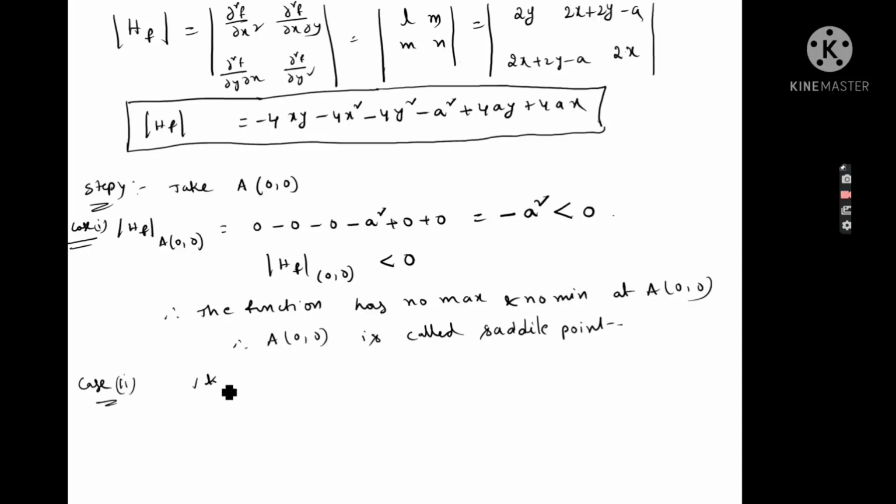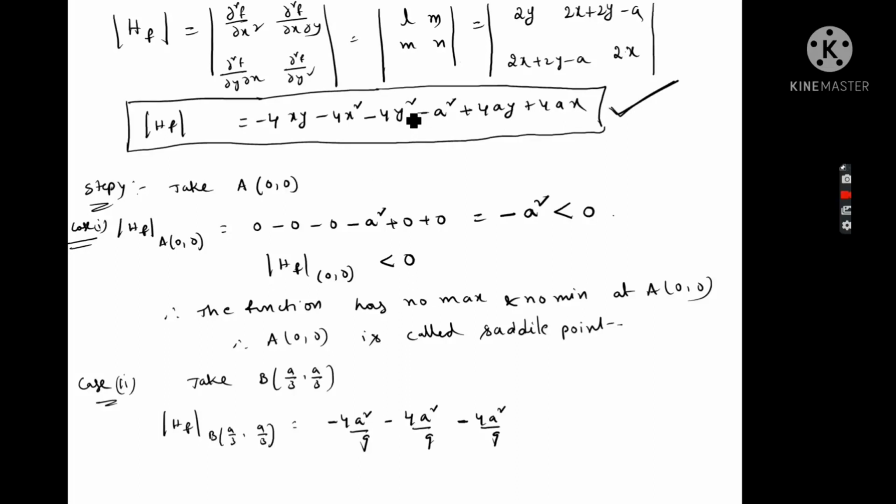Take the b value a by 3 comma a by 3. So now HF at b, a by 3 comma a by 3. Take x value a by 3 and y value a by 3 and substitute in this HF. Minus 4 a square by 9, minus a square by 9, minus 4 a square by 9, minus 4 a square by 9, because y value is a by 3, a by 3 whole square means a square by 9.